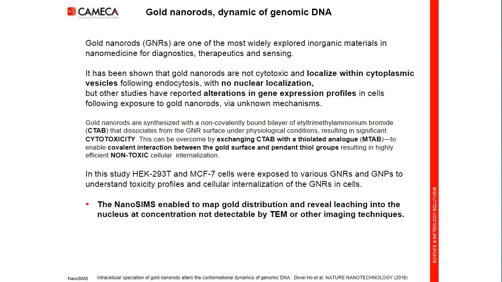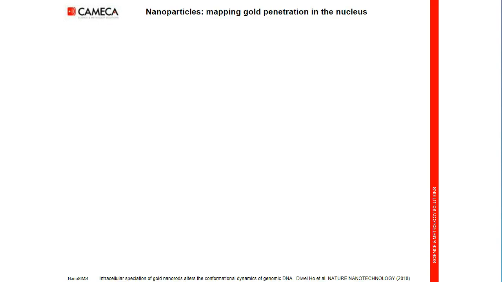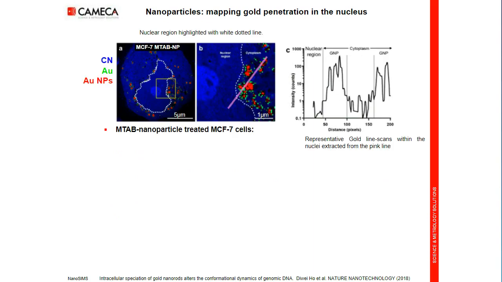And the role of the NanoSIMS in this publication is that it has enabled gold mapping distribution, and it has revealed leaching of gold into the nucleus at concentrations not detectable by TEM or other high-resolution imaging techniques. So let's start with the MCF7 cell line and MTAB nanoparticles.